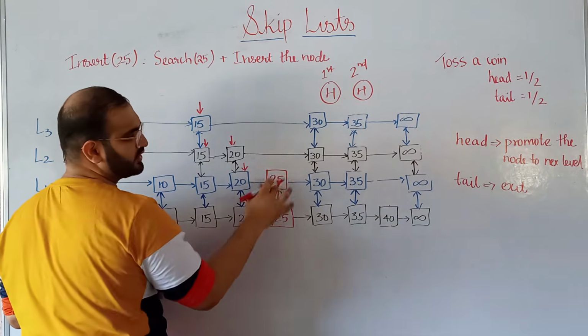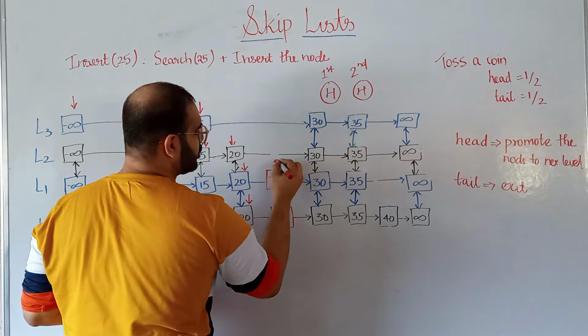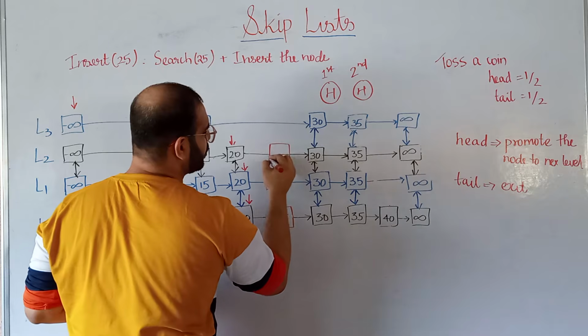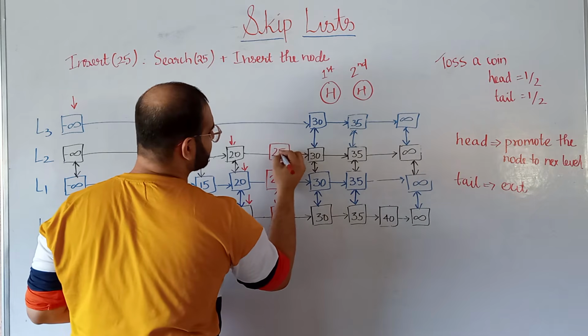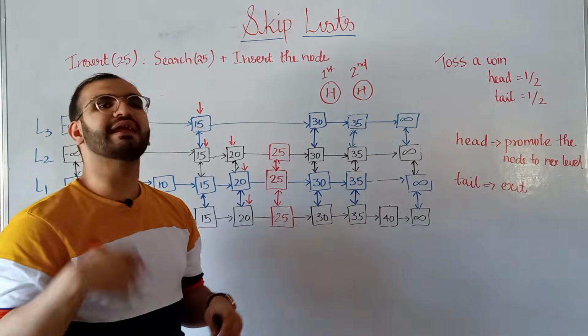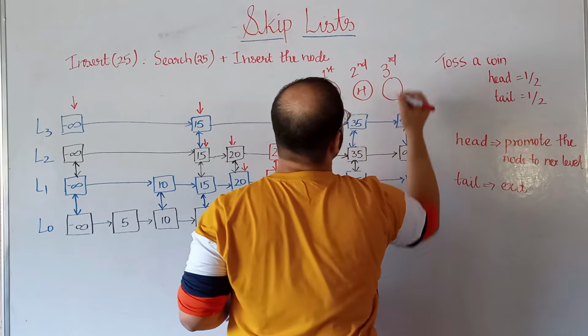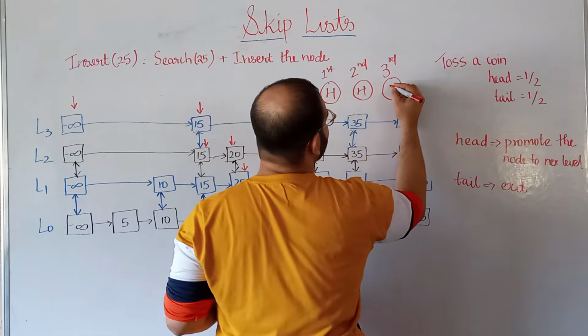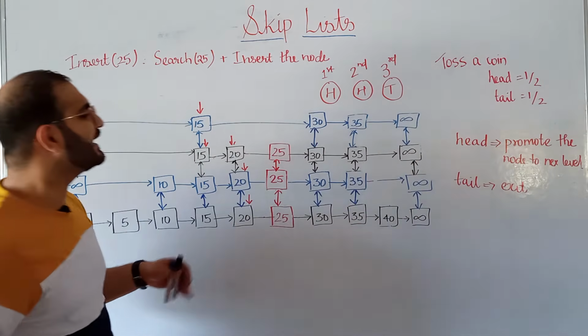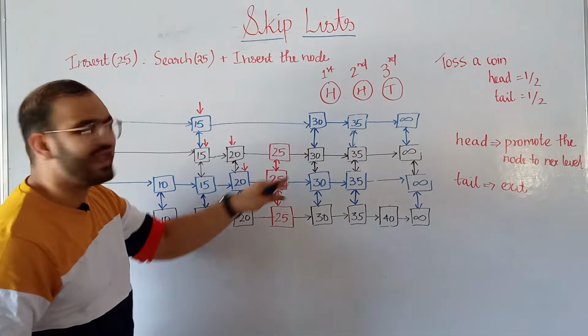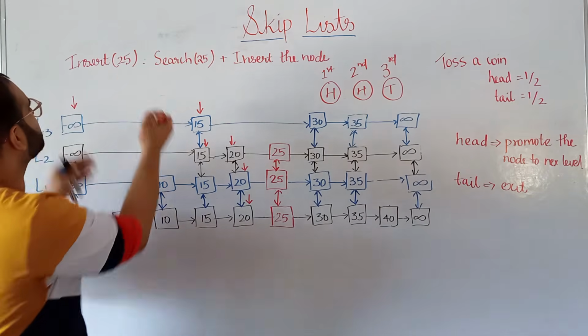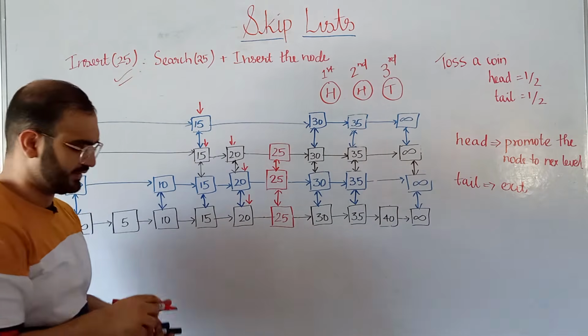So again I'll promote this node 25 to L2. And suppose I toss a coin for the third time, and this time I get a tail. So when I get a tail, I exit. That means my insertion of 25 is completed.